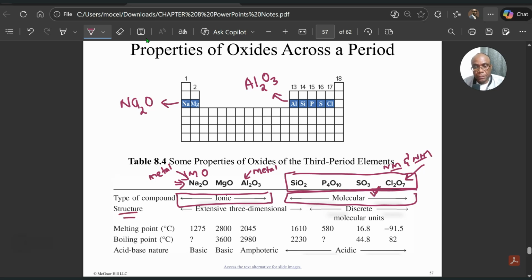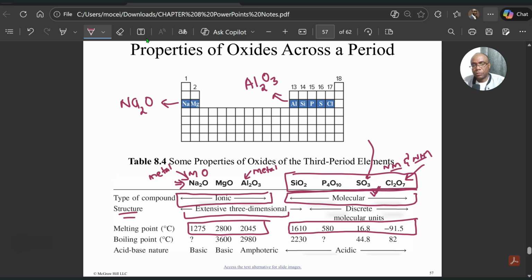In terms of structure, the ionic compounds are usually extensive in 3 dimensions, but for molecular ones, they're going to be discrete. In fact, you're going to see SO3 as a gas. And then the melting point of ionic compounds tends to be higher than the melting point of molecular structures because ionic bonds are stronger than intermolecular forces.